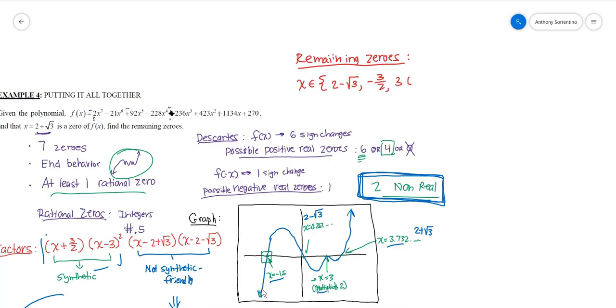I don't have to list it twice, but I might want to indicate it has a multiplicity of 2. I have 1 plus 3i, and I have 1 minus 3i. So that's a grand total of 1, 2, 3, 4, 5, 6 additional zeros that are given for degree 7, and I was already given 1. So everything's accounted for. That's the solution.